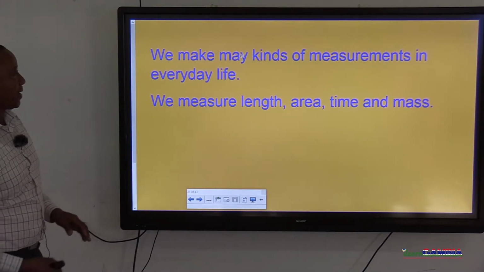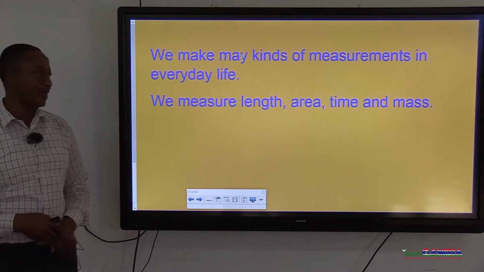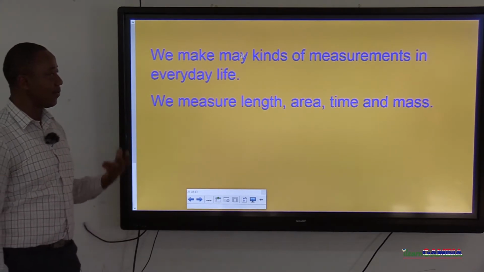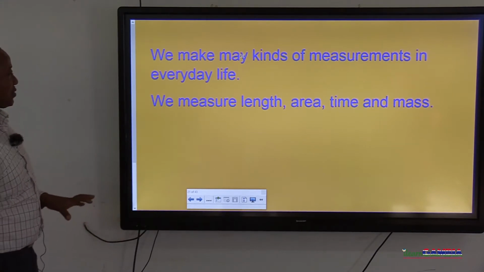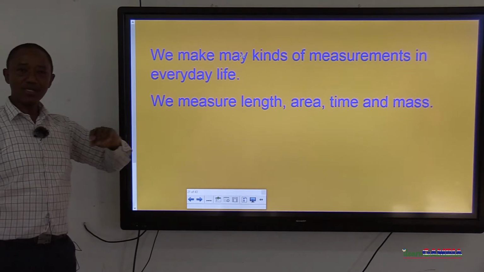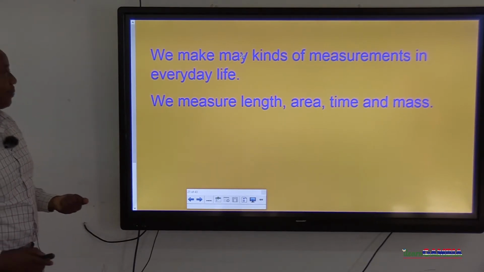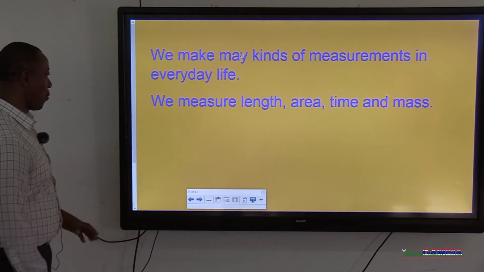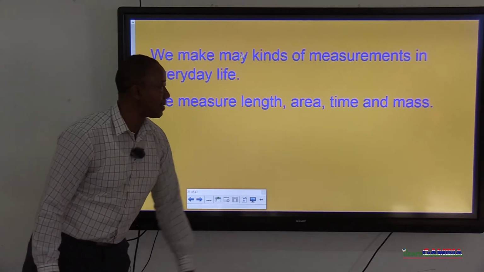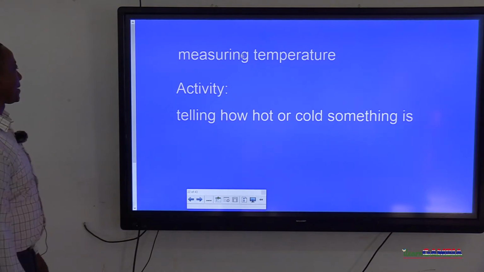So we make different kinds of measurements in everyday life. We measure length, we measure area, we measure time, and we also measure mass. For each of these, we're going to look at what tools we use to help us measure these quantities. So once again, we're going to look at length, area, time, and mass.